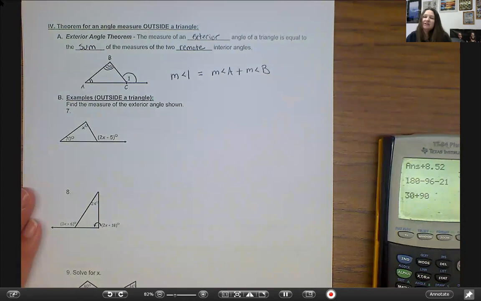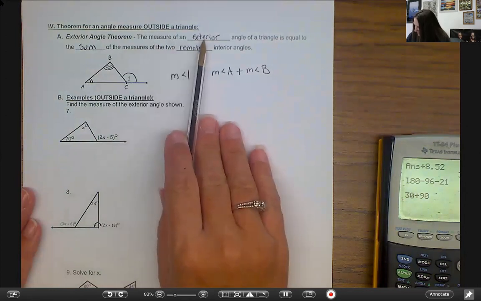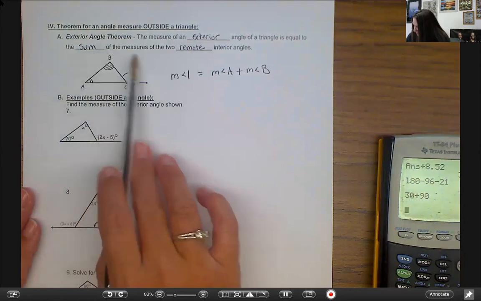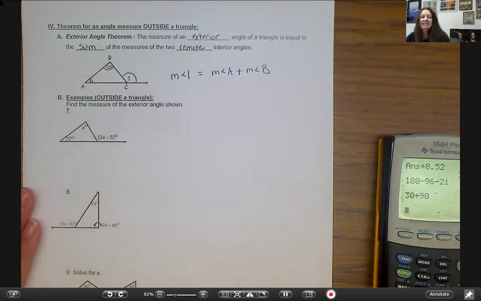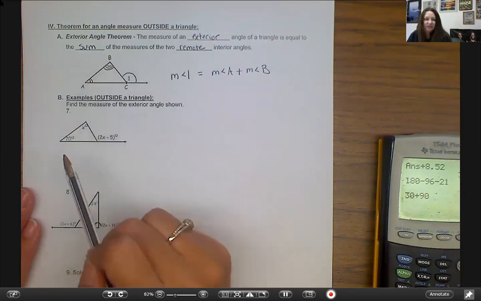Now we have a theorem given to us about exterior angles. It tells us that the measure of an exterior angle in a triangle is equal to the sum of the measures of the two remote interior angles. When we say remote interior angles, we're talking about the interior angles that it's not connected to.